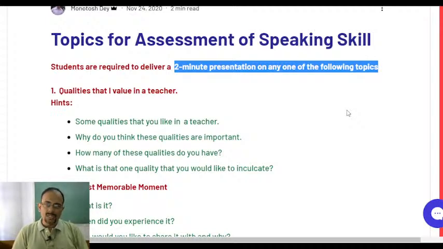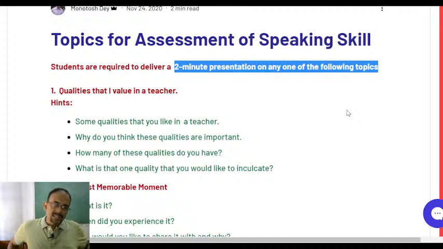Sit in a place which is away from distractions and noise, and which is well lit, where there is sufficient light and silence, so that you do not feel distracted when your turn comes and you start your presentation, right? So this is the speaking skill, dear students.